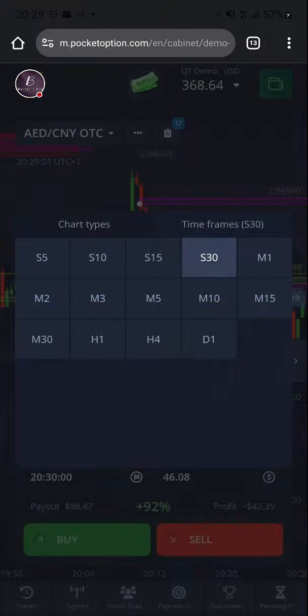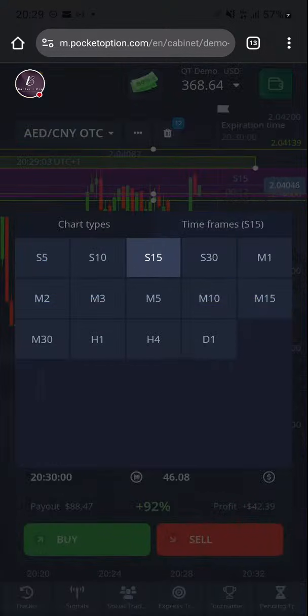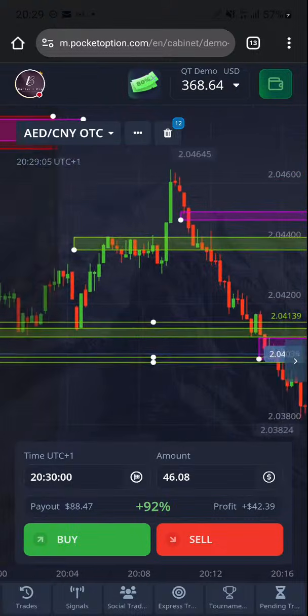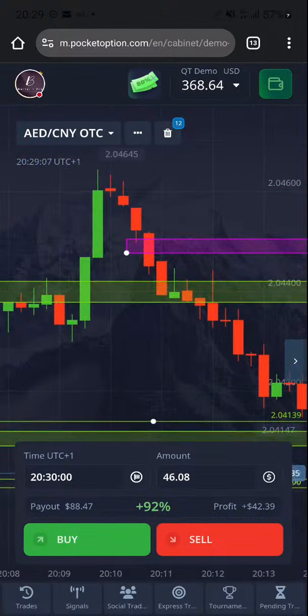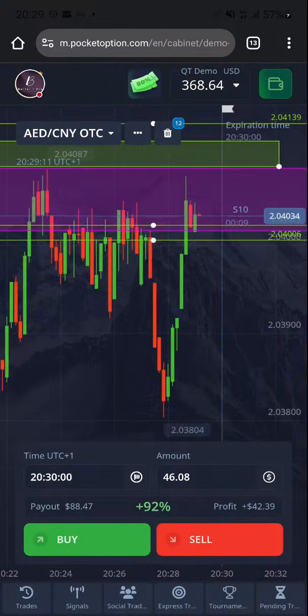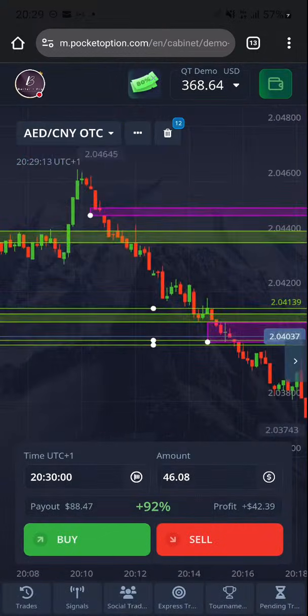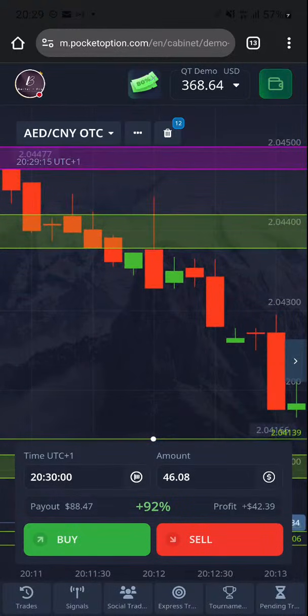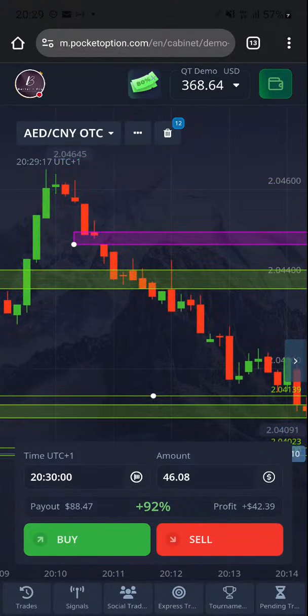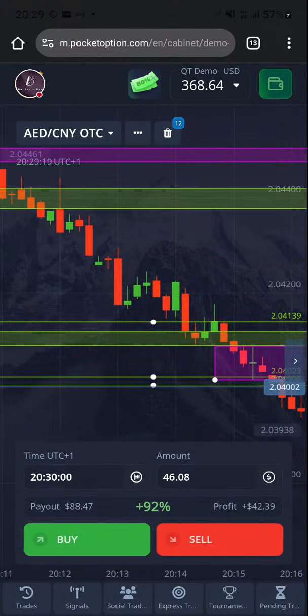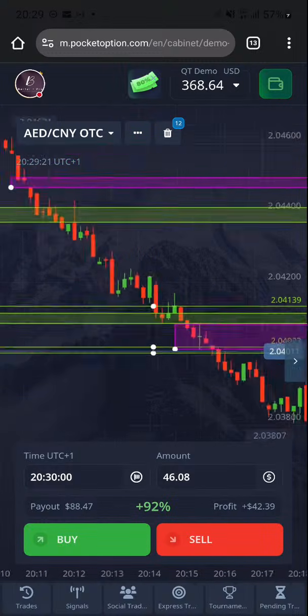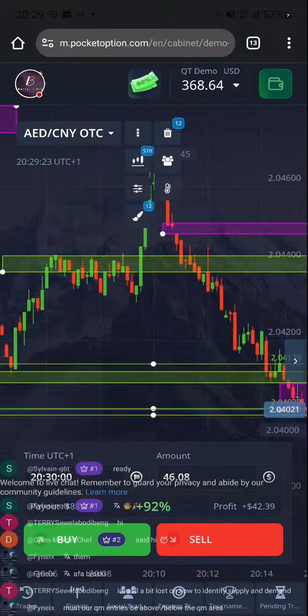In S30 we didn't see any entry, and in S15, look at this, no entry either. So we'll keep going down the time frame until we find a fresh one. I guess I couldn't find one. There is an entry here, but it's not fresh, so I'm not going to take that.